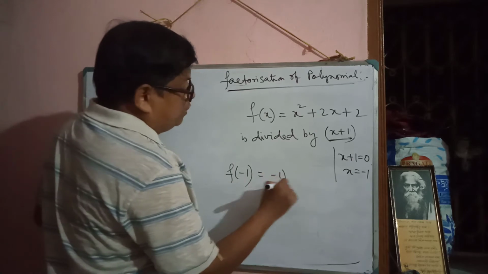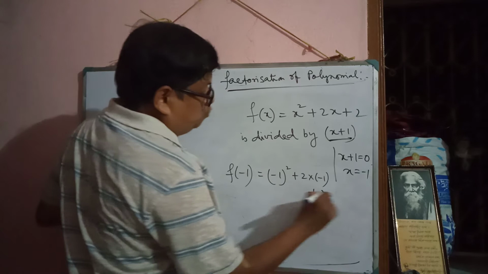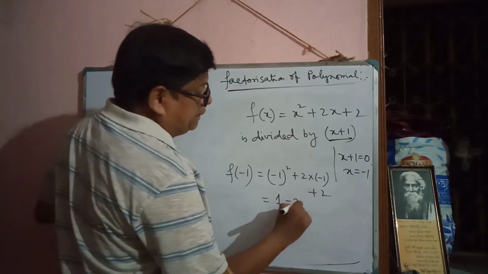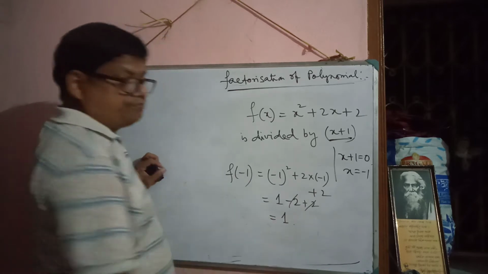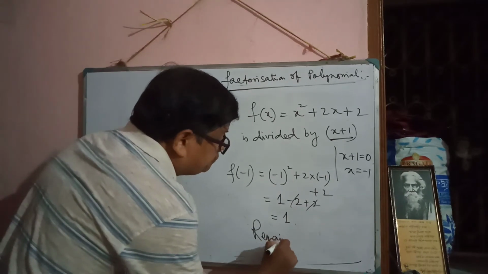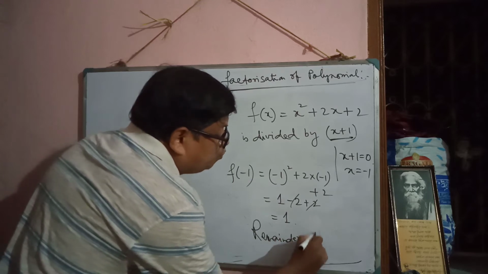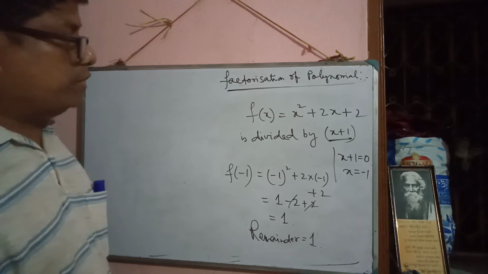Then minus 1 whole square plus 2 into minus 1 plus 2, that is 1 minus 2 plus 2. The 2s cancel, this is 1. So you can say the remainder equals 1.